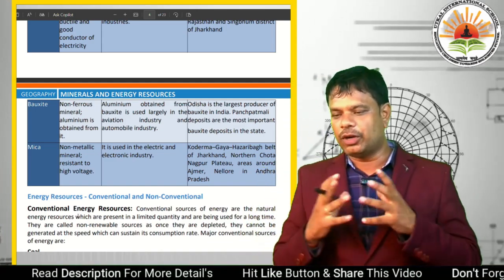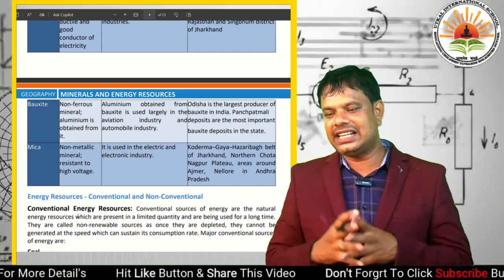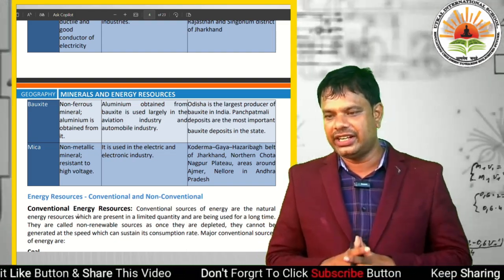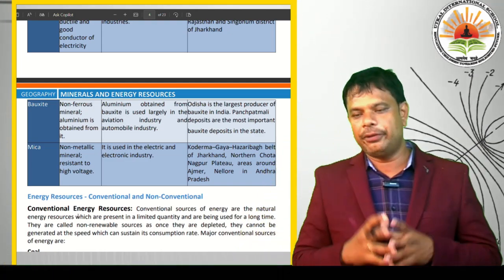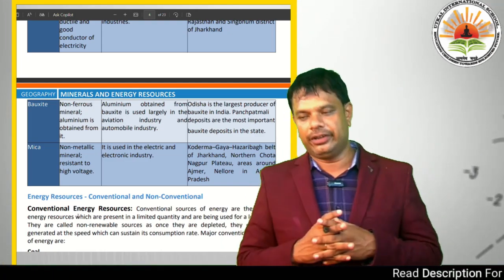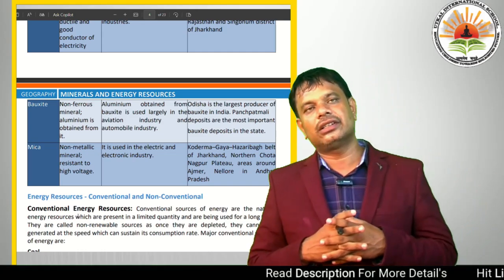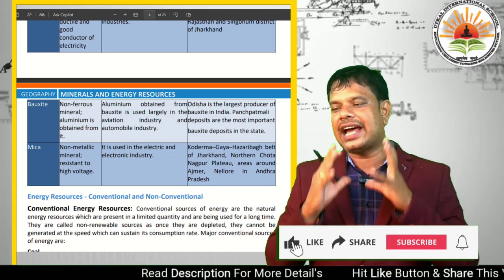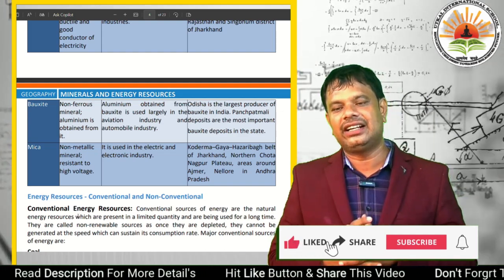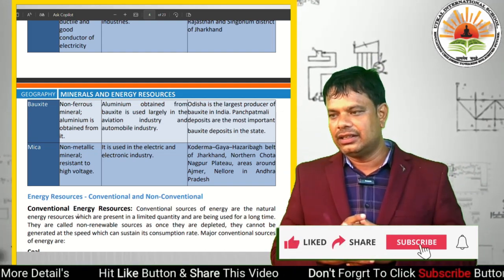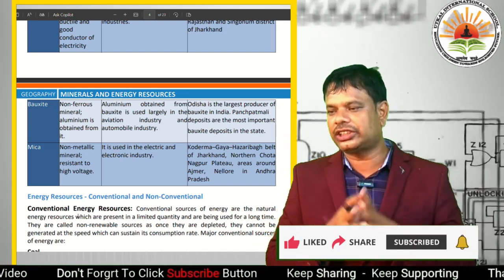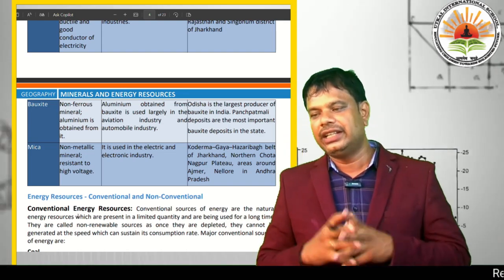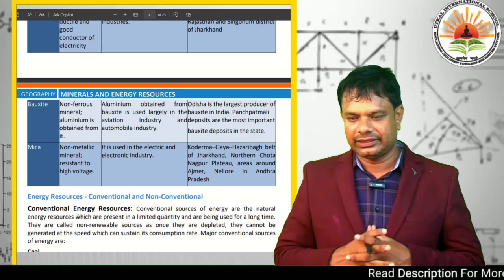Aluminium obtained from bauxite is used largely in the aviation industry and automobile industry, on vehicles and aeroplanes, where you use aluminium. Dear students, Odisha is the largest producer of bauxite in India, and Panchpatmali deposits are the most important bauxite deposit in the state.